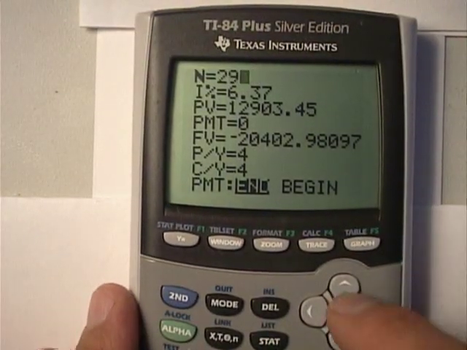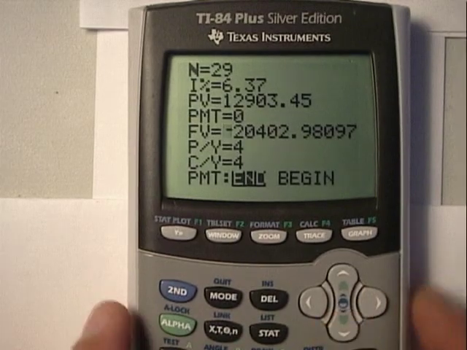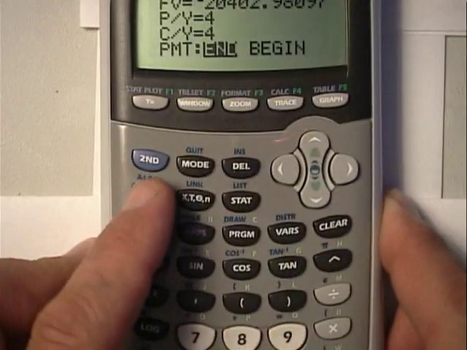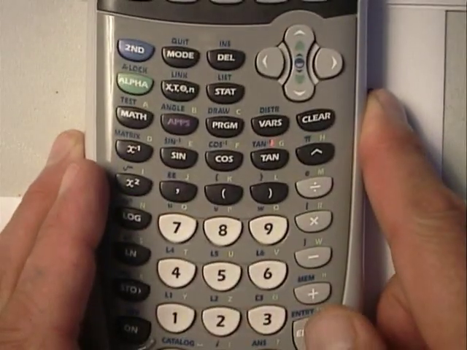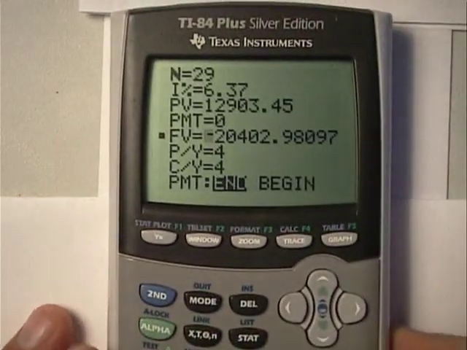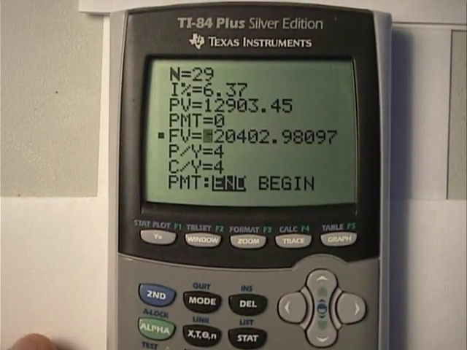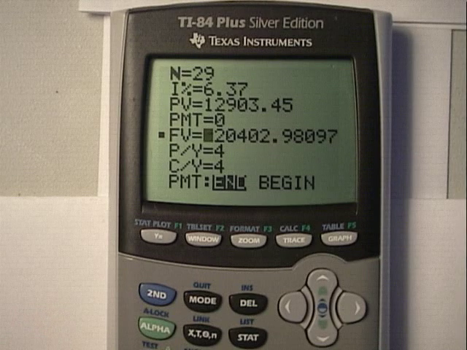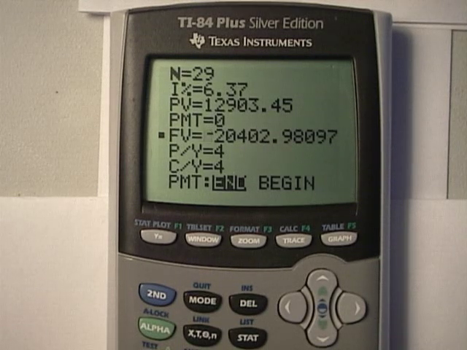So I put 29 in, and I go back down to future value, and I press alpha, enter. Notice how I get the same value. So be clear on this. There's possibly two ways to do this. When you are working with payments, you don't have any choice. You have to do it this way. When payments are not involved, you can put the actual time in years under the value n, as long as P over Y is set at 1.